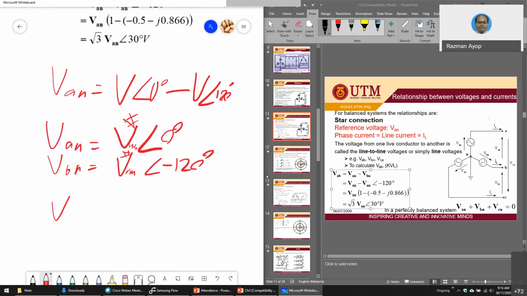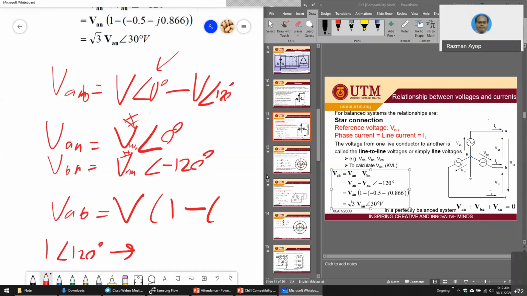Then VAB equals V times, if you convert this into rectangular form, 1 angle 0 is just 1, and then minus, 1 angle negative 120, you use your calculator, you get negative 0.5, don't forget the negative, minus j 0.866.